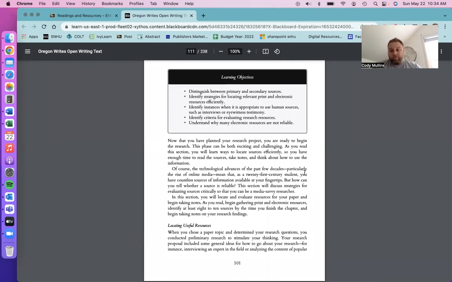This section basically delineates what the difference is between a primary source and a secondary source. A primary source is a historical document or a research article, where a scientist or a literary scholar put together specific research on a topic, right? Those are primary sources. Autobiographies are also that.